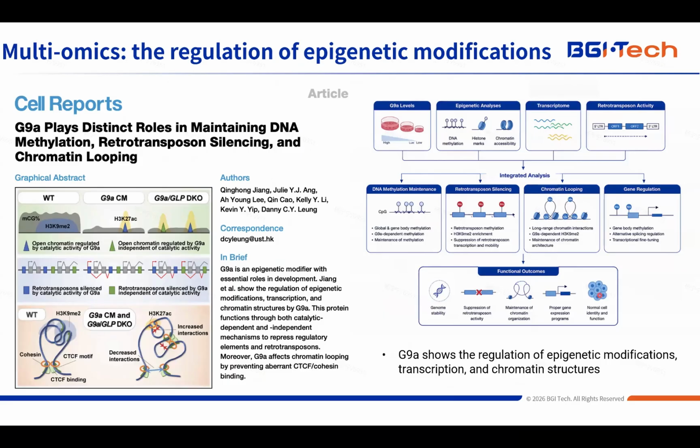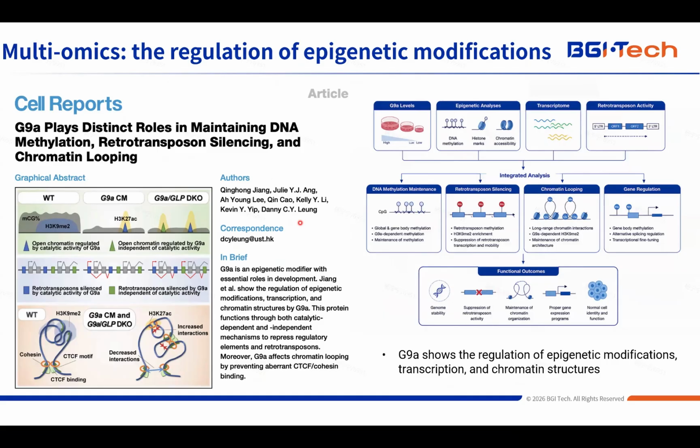And in addition to combining with the transcriptome, the demethylation can also be combined with more epigenetic technologies, such as ChIP-seq and ATAC-seq, and also can include Hi-C to achieve the research goals.